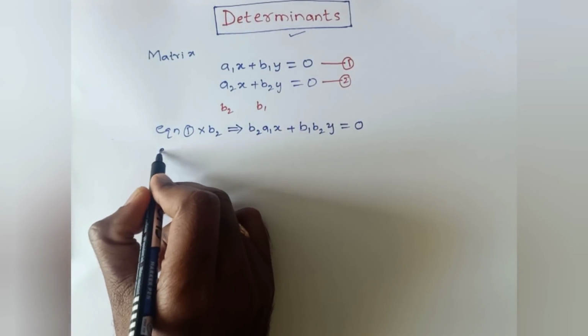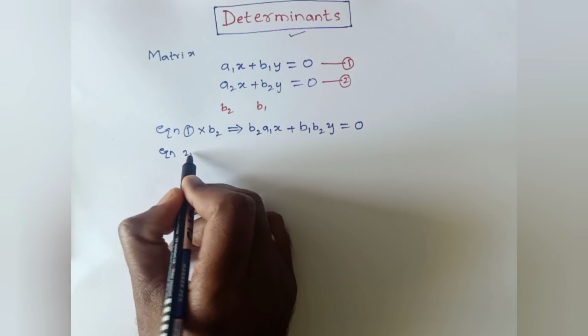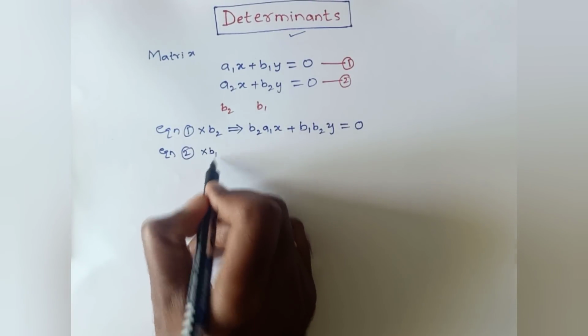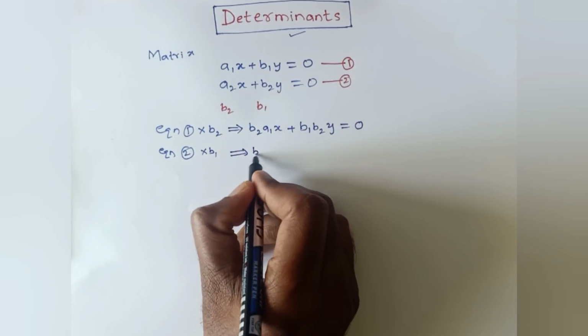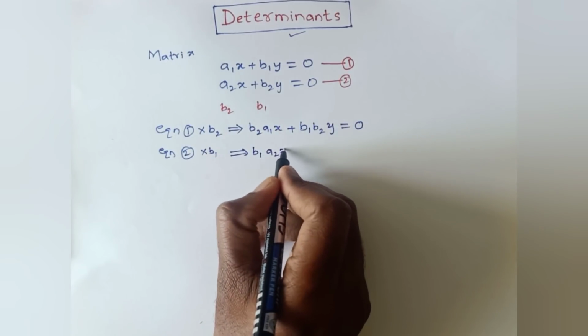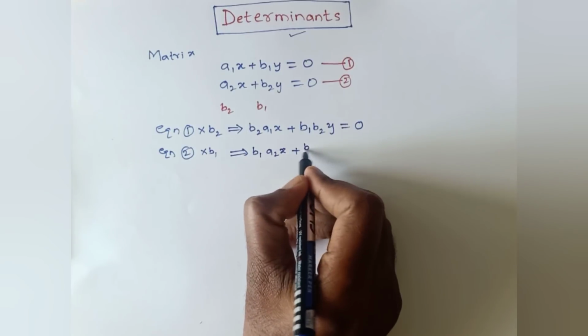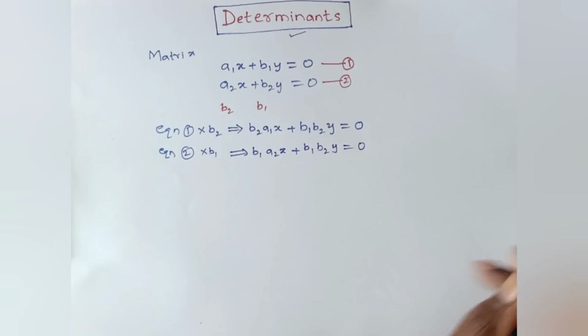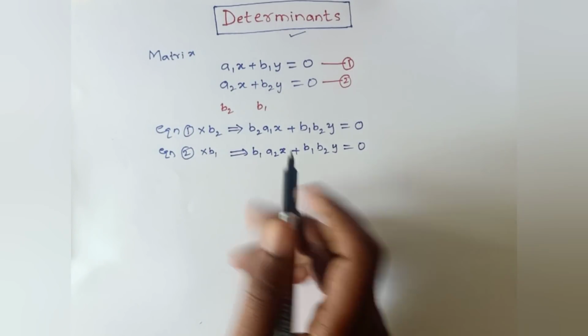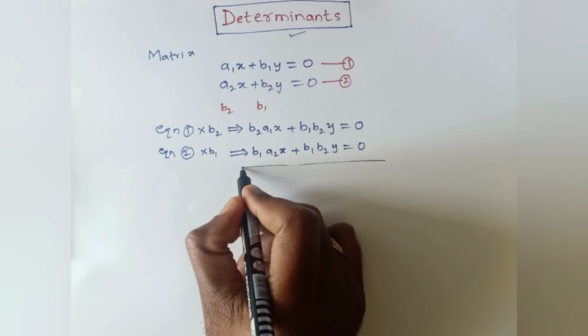Multiplying equation 2 by b1 gives b1 into a2x plus b1 into b2y equals 0. Now subtracting these two equations.